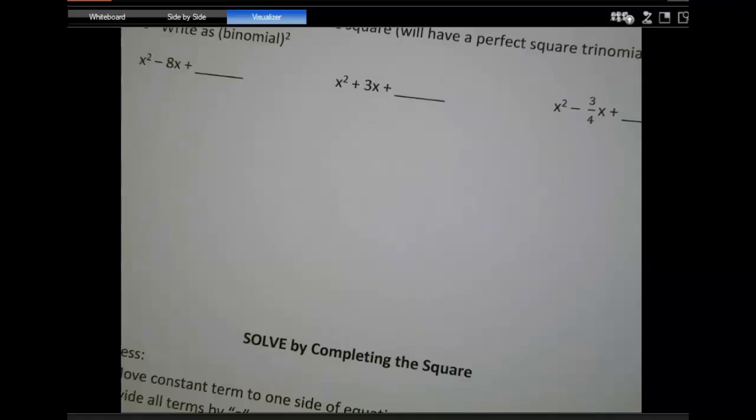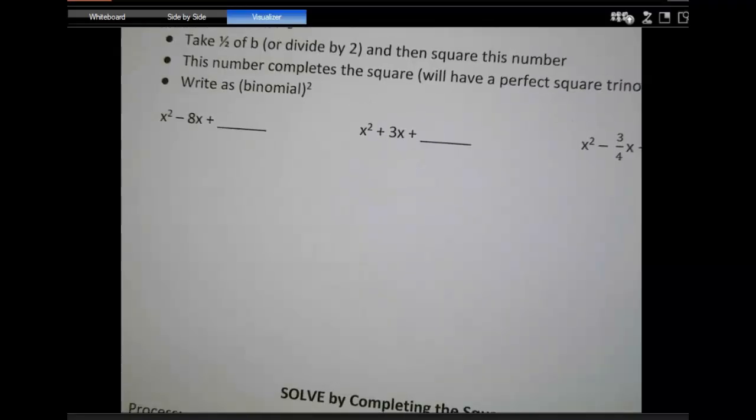Okay, so what we're going to do is called complete the square. And when we do that, we are going to make the trinomial a square so I can take the square root.